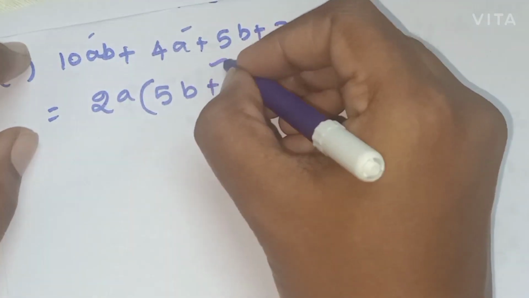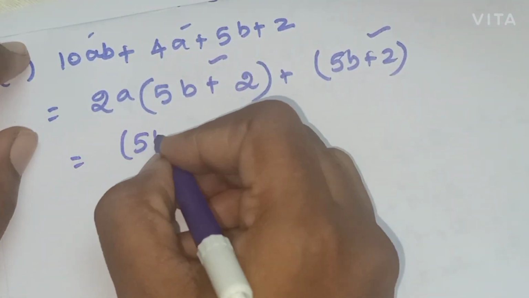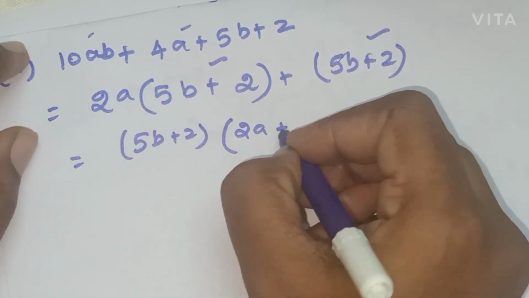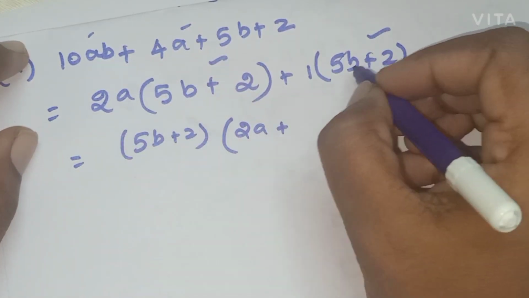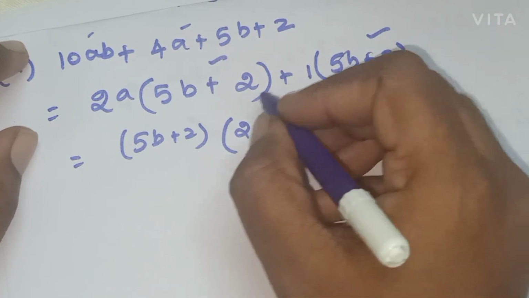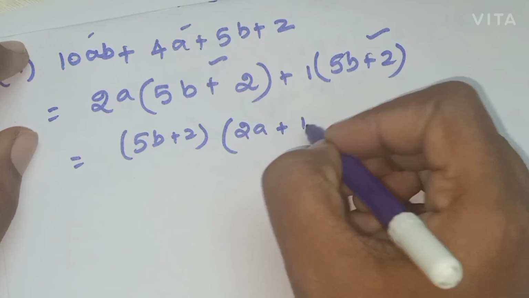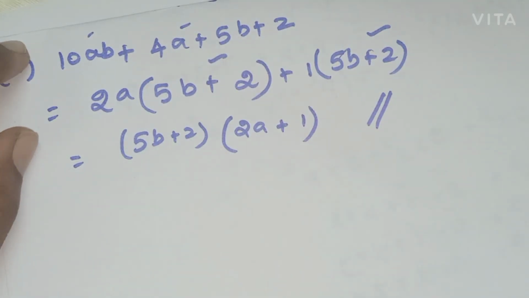Now these two brackets are equal, so I can take 5b plus 2 commonly out, remaining we get 2a plus, we can write 5b plus 2 as 1 into 5b plus 2. So 5b plus 2, if I take it commonly out, we get remaining 2a plus 1. So this will be our answer.